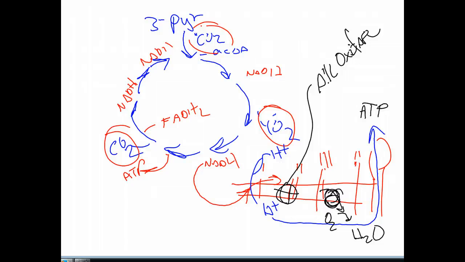Some functions of the alternate oxidase, and I always like to give an animal example of this. At the turn of the century, late 1800s, 1900s, you could buy a really efficient diet aid that was low concentrations of cyanide. If you have low concentrations of cyanide, you're going to block this step here a little bit.